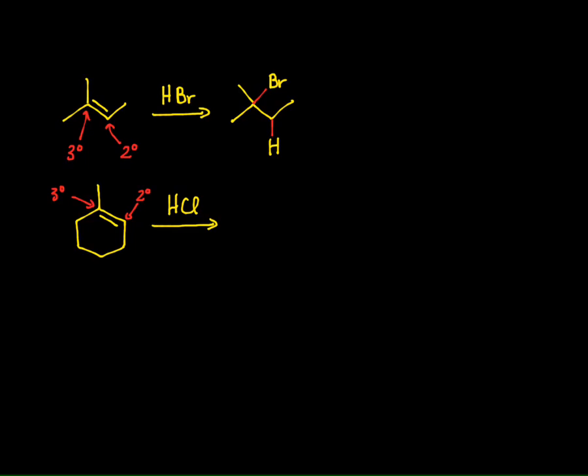And therefore, the tertiary is going to be favored over the secondary. So the chloride is going to attack that tertiary carbocation, and we end up with 1-chloro-1-methylcyclohexane. And so now you have an idea about the regiochemistry of the addition of HX to an alkene.